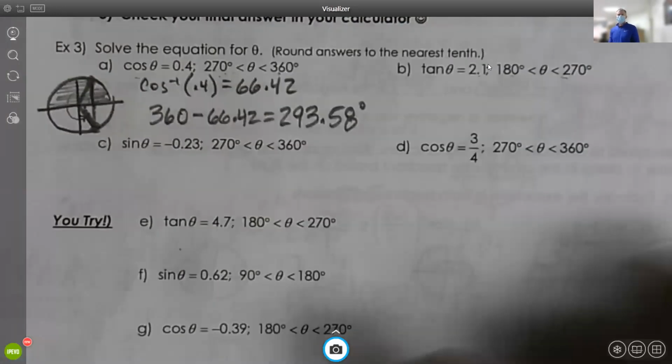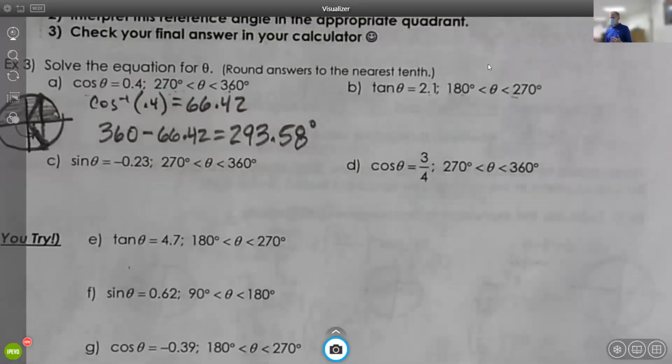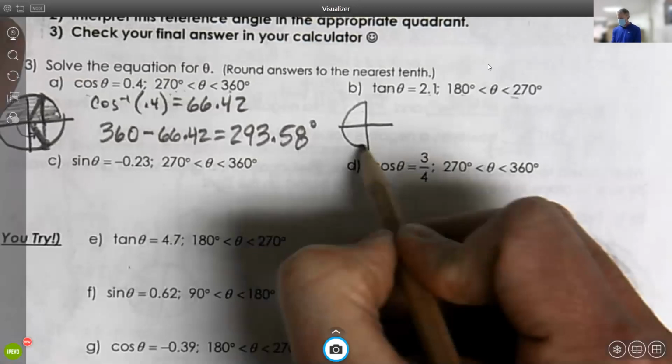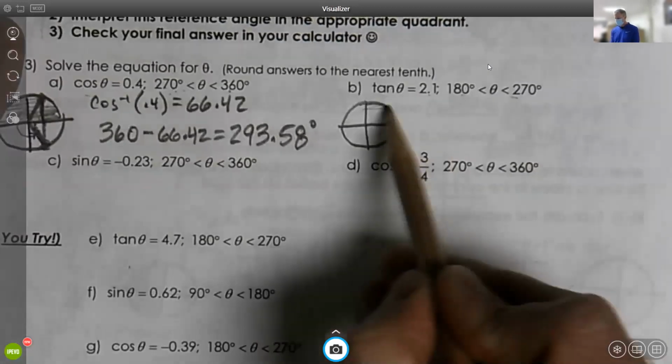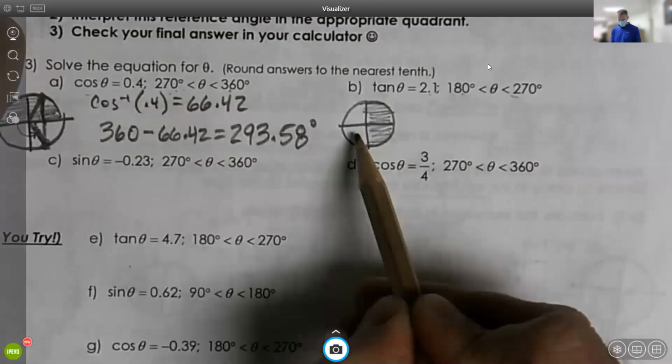All right, where is tangent 2.1? Tangents are tough to draw because, again, it's that fraction thing. But what you're looking at is tangent is typically in the 1st and 4th quadrant. We're looking for an answer that's over here.